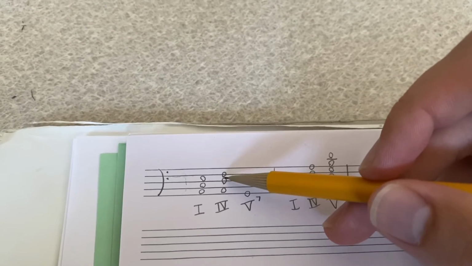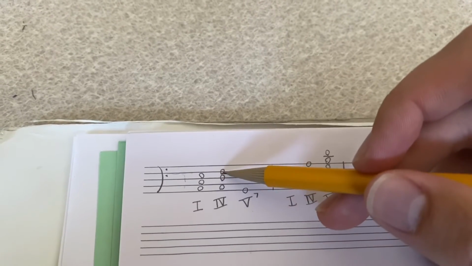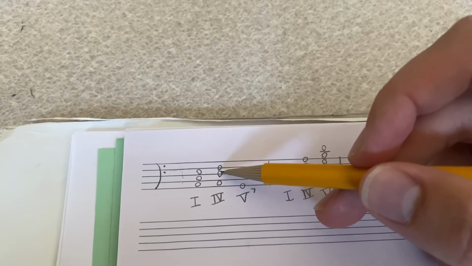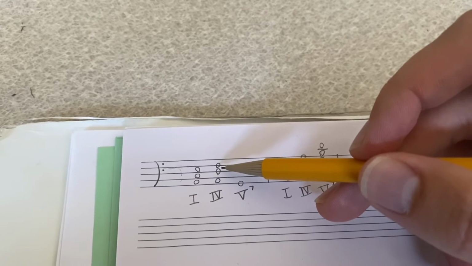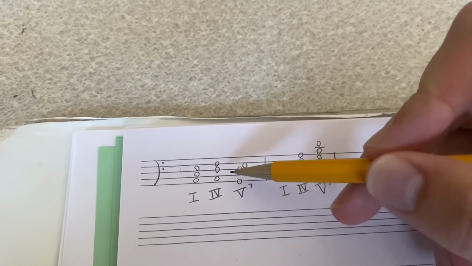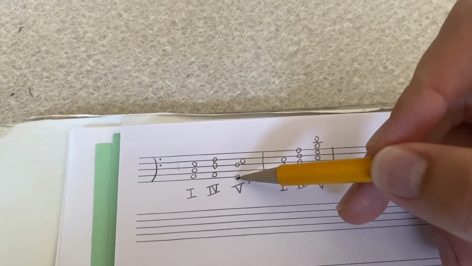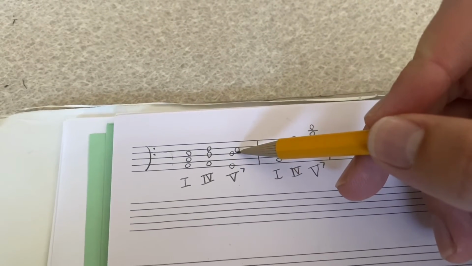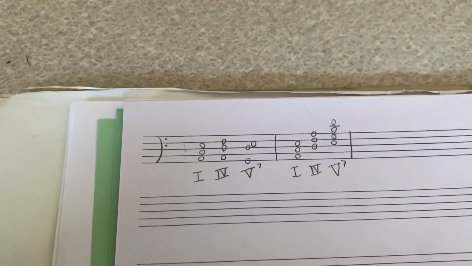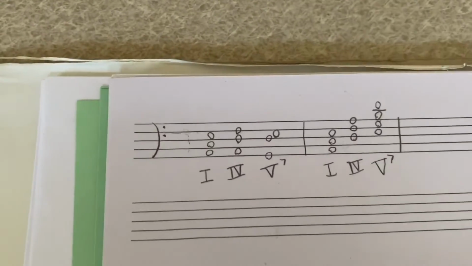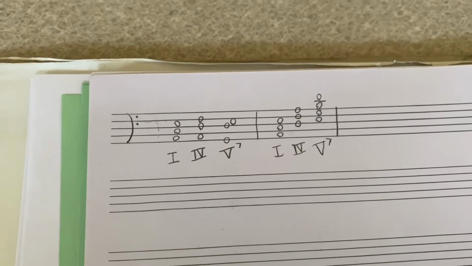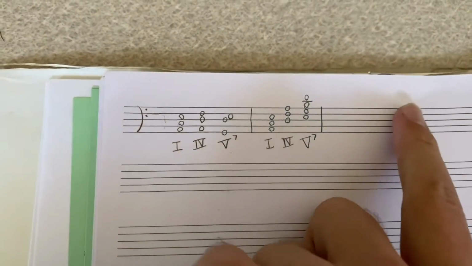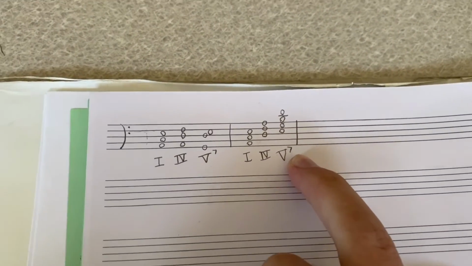So you go from E, and then the 4 chord moves up to the F and the D, so it gives it a good motion. And then from the 4 chord to the 5 chord, you have that A moving down to the G, and you also have that F moving back down to the E. So in tonal harmony, it makes sense to keep doing these inversions. And that's why I'm teaching you guys this, because I don't want to teach you this clunky method that's just never going to be used.